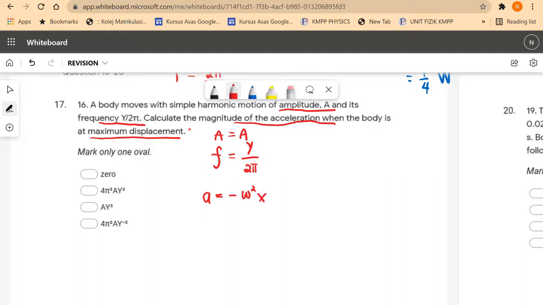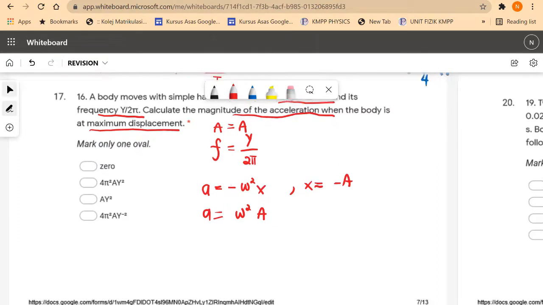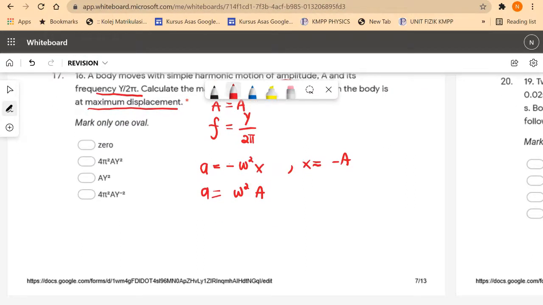At maximum displacement, a equals omega squared times amplitude. Substitute omega. The formula of omega is 2 pi f, squared, then times amplitude.